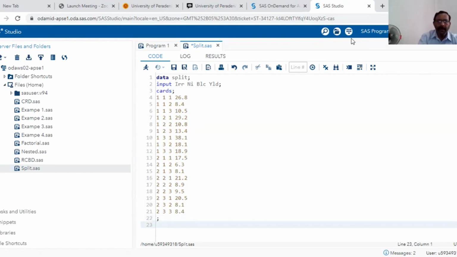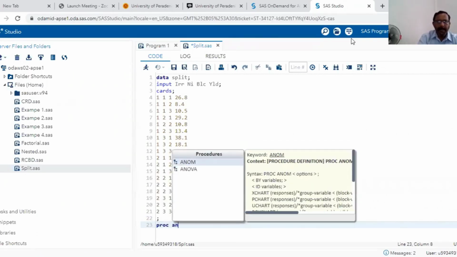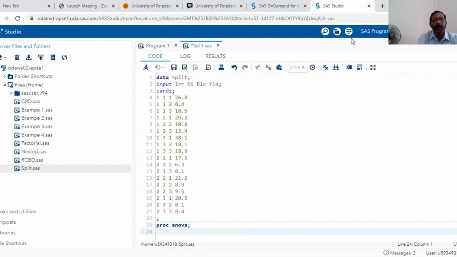Right. Now I will go further. Proc ANOVA, the same kind of programming as we did for nested design, right? Proc ANOVA, then we go for the classified variables. Can somebody tell me what the classified variables are?